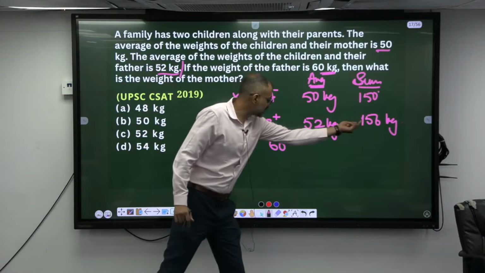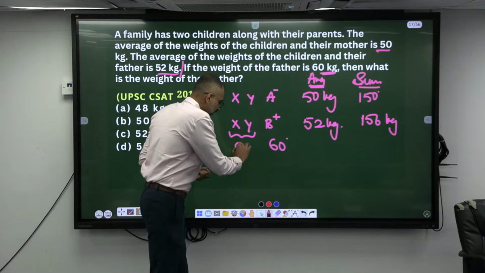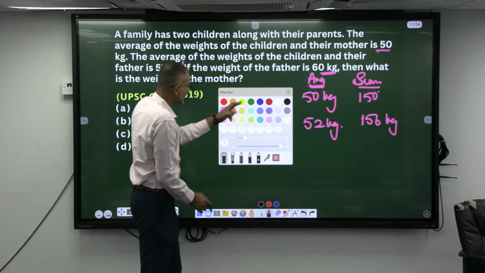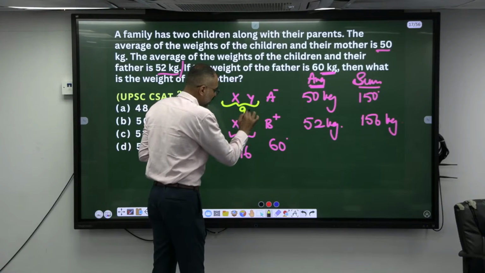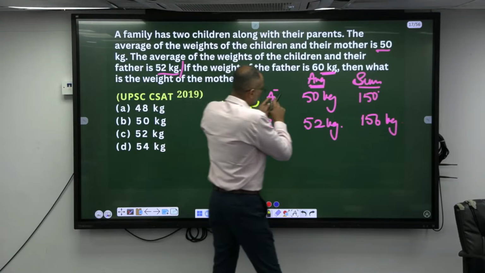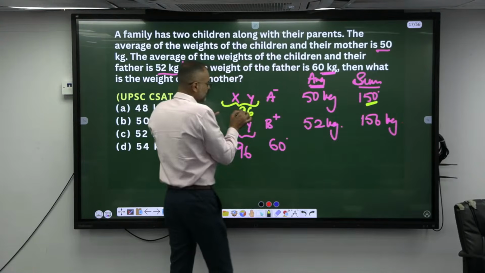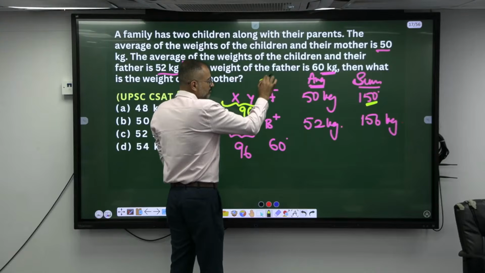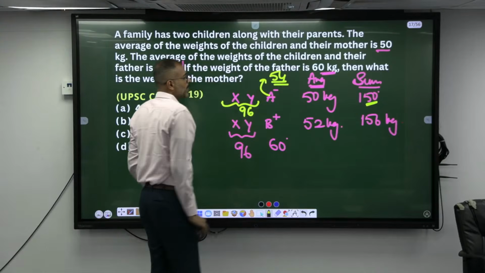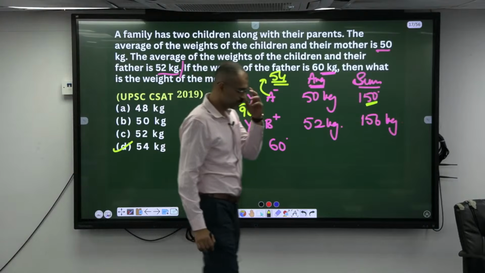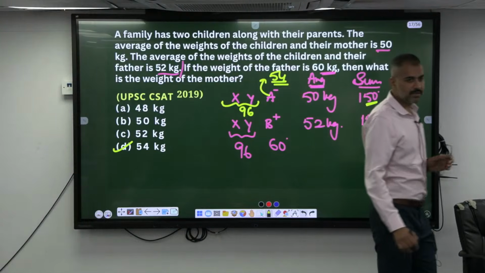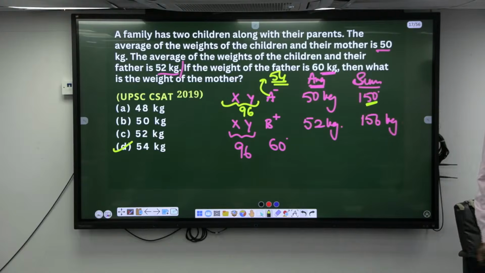Out of 156, if I take out 60, remaining is 96. Okay, same children here also present, right? Same x and y here also has to be 96. The sum of all three here is 150, out of which if this is 96, A has to be 54, sir. Mother is of age, weight 54.